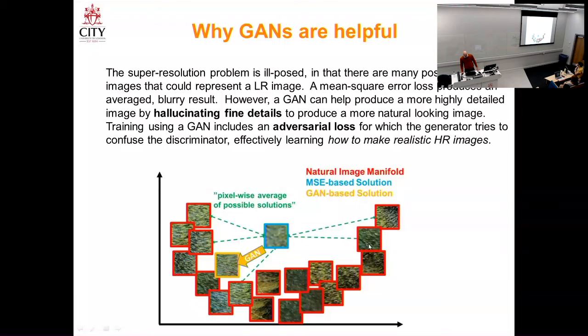If you took all of these possible solutions and averaged them together, you might end up somewhere in the blue box. But a GAN can help because it can hallucinate high frequency details and produce a more natural looking image that puts you on this manifold of realistic looking images. To do that, we're going to have this adversarial loss, which is used to train both the generator and the discriminator.